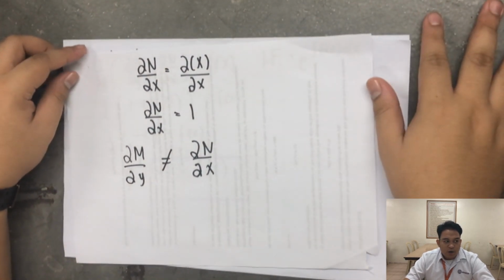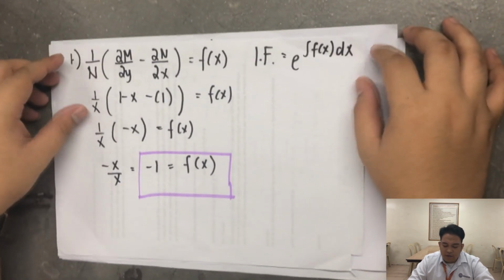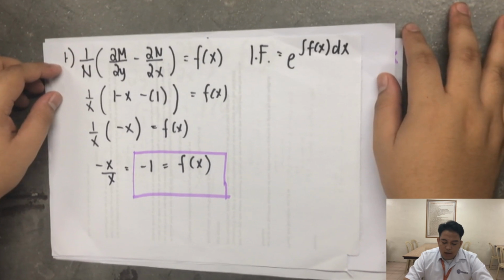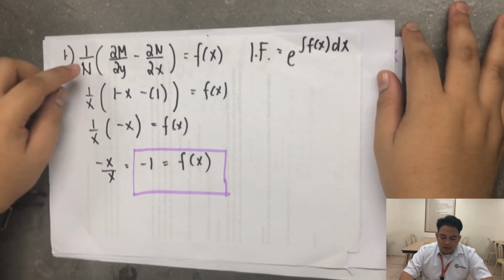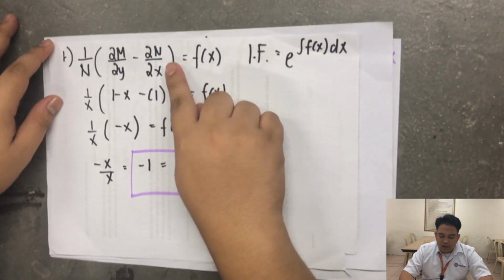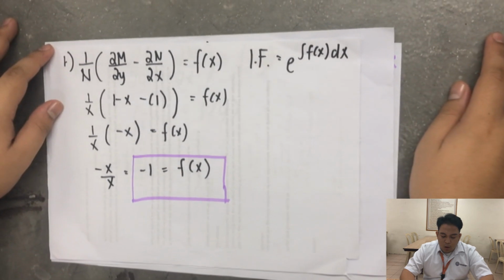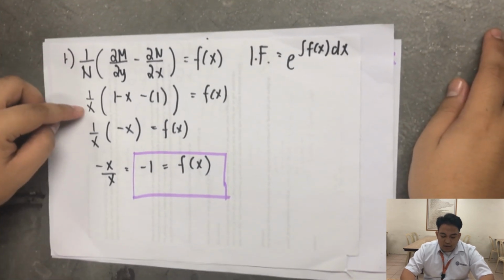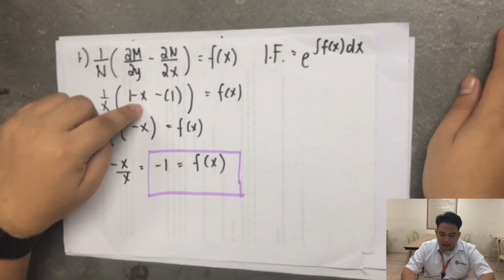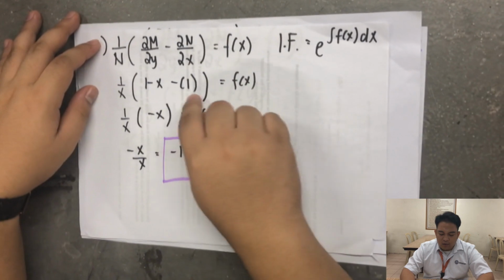Now we will use the formulas given above to get the integrating factor. Let's try the first formula: 1 over N times the partial derivative of M with respect to y minus the partial derivative of N with respect to x is equal to f(x). That is 1 over x times, since our partial derivative of M with respect to y is 1 − x, we subtract the partial derivative of N with respect to x, which is 1.